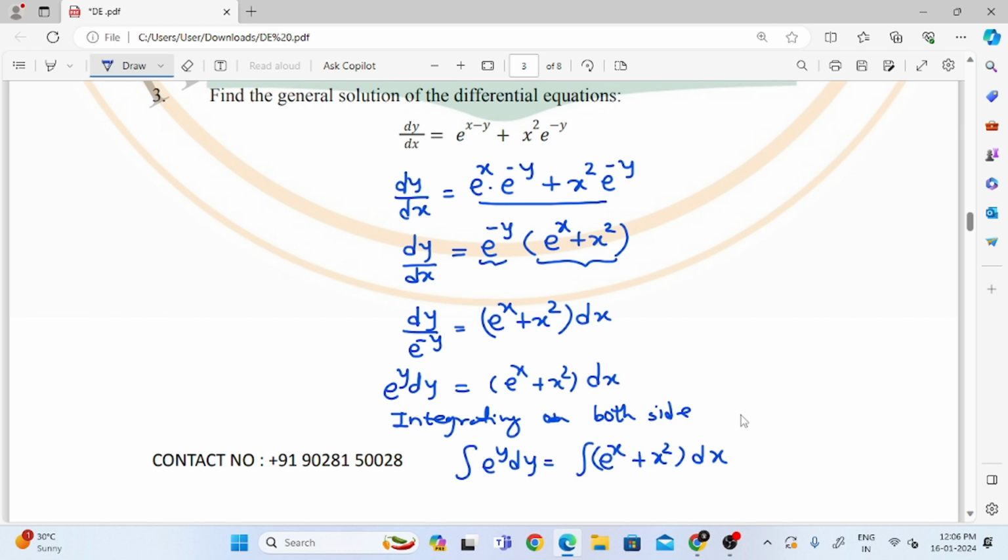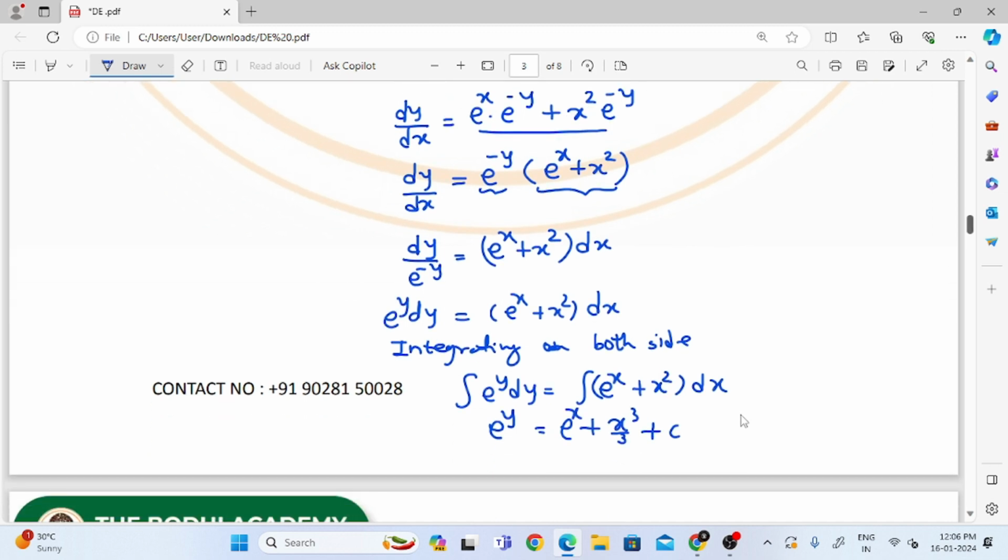You know that integration of e raised to y is nothing but e raised to y, is equal to integration of e raised to x, which is e raised to x only, plus integration of x square. That is not 2x, remember that it is an integration, not a derivative. So integration of x square is x raised to 3 upon 3 plus c. So this is our final answer.